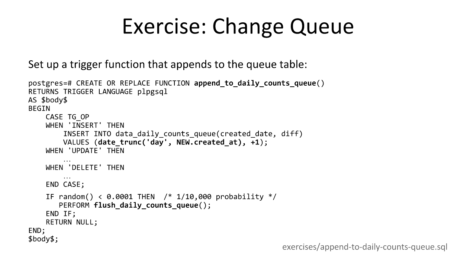So it's a probabilistic thing. Every now and then, just flush the queue. If it takes a bit long, if we hit an unlucky streak and it takes 50,000 rows, so what? It's a bit slower. And again, the file to create this function and the trigger is in here.